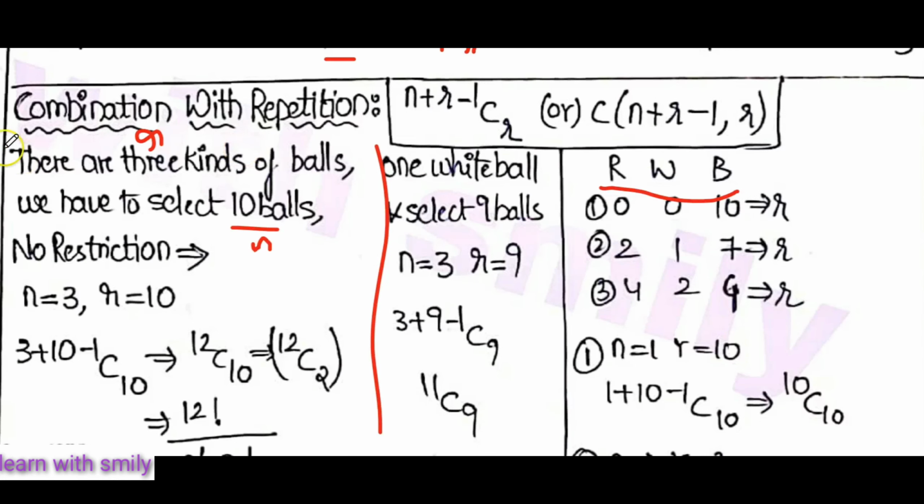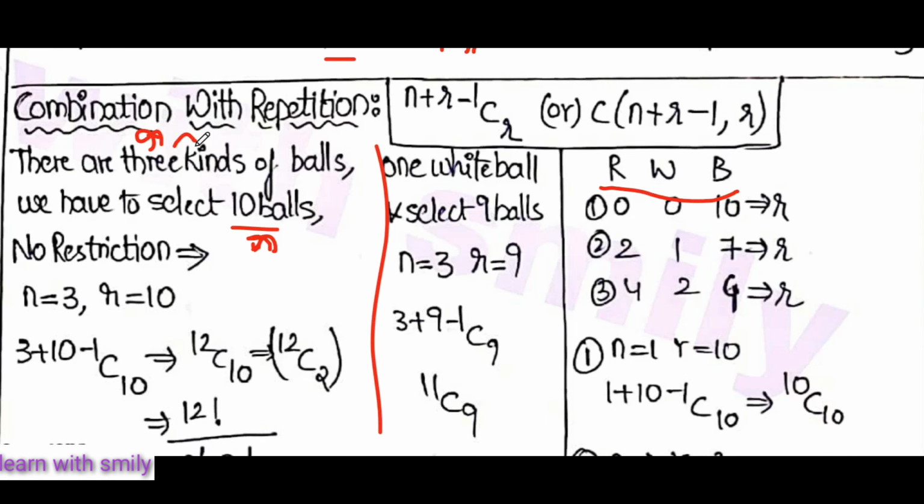Coming to combination with repetition, n plus r minus 1 C r is the formula that we have to execute. Now coming to this problem, there are 3 kinds of balls. We have to select 10 balls. So 10 balls is considered as r, and 3 kinds of balls is considered as n. They haven't given the complete count, but they have said there are 3 kinds of balls.